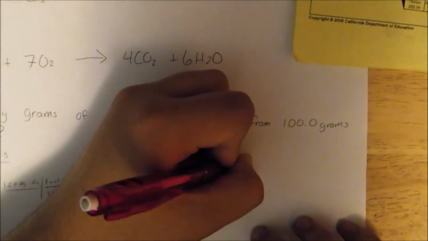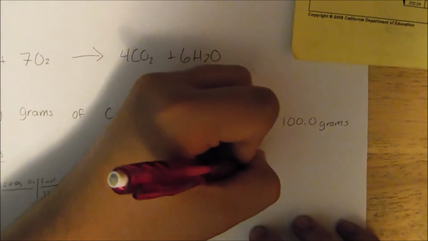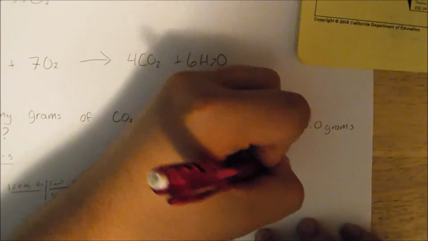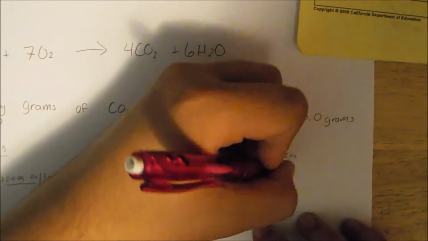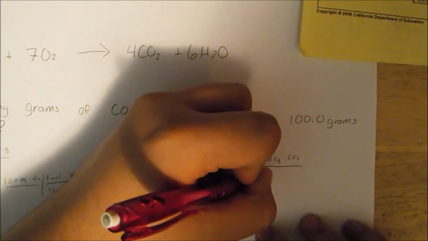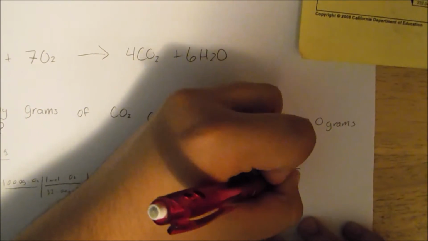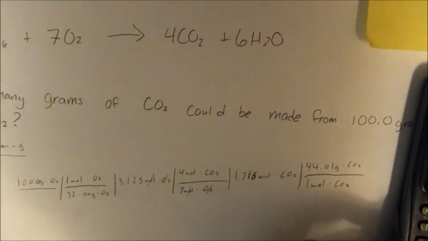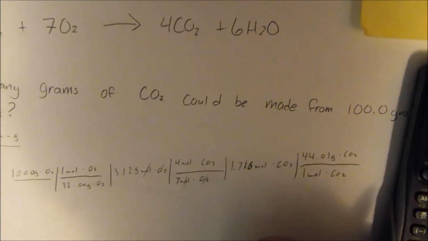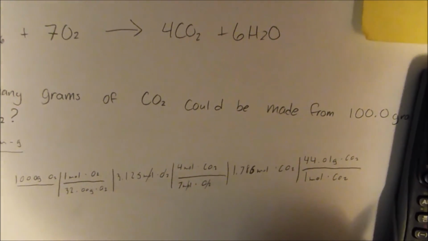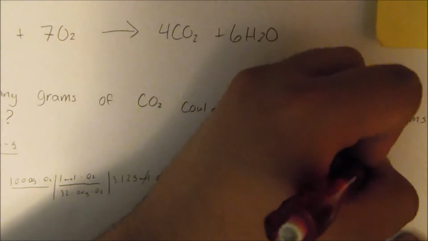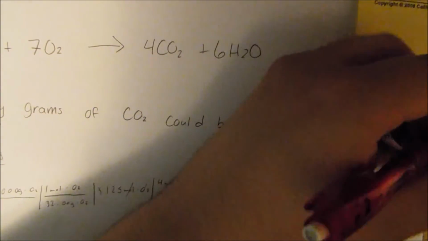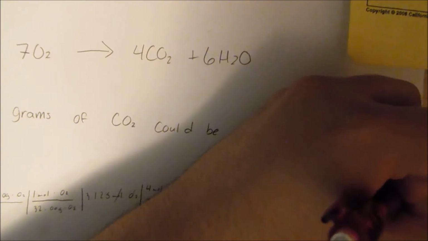So that's our AMU of carbon dioxide: 44.01 grams of CO2 over 1 mole of CO2. Now we do our math, which is 1.786 times 44.01 equals a total of 78.60 grams of CO2.